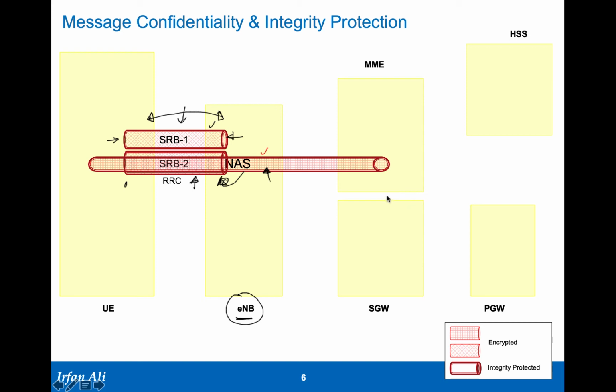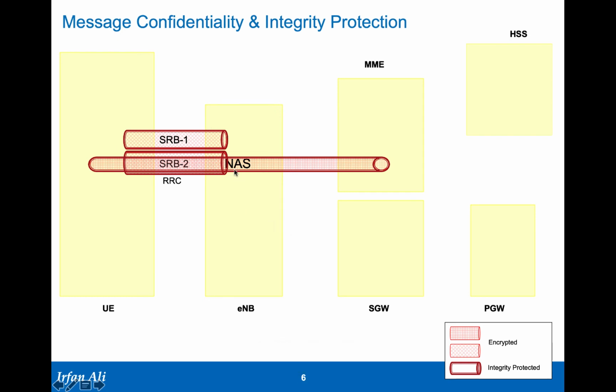Of course, you can break in through cybersecurity, I mean through the internet, if you can get access to any of these data centers. But from a physical security perspective, the eNode Bs are in remote locations, and encrypting the NAS message provides protection against hacking into the eNode B.